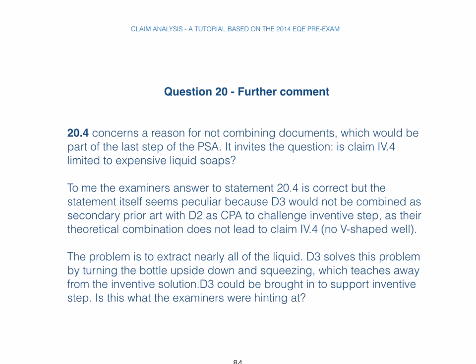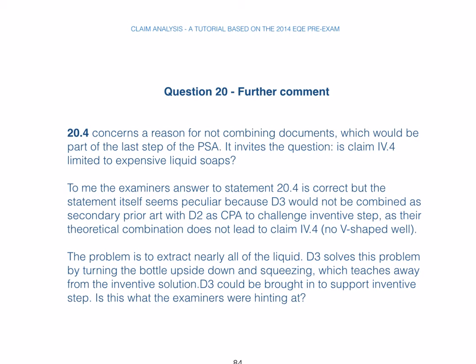Here are my further comments. 20.1 and 20.2 seem okay to me, but were queried by some tutors who argued that the guiding of the tube end was part of the effect, though candidates were asked to assume that guiding of the tube was part of the claim's distinguishing feature that produced the effect.